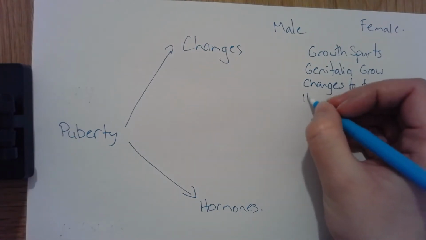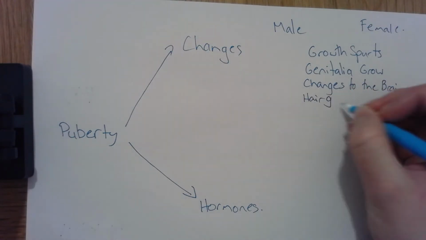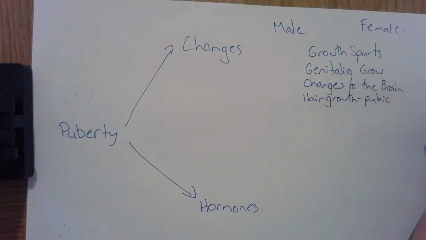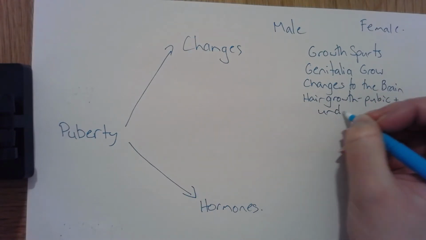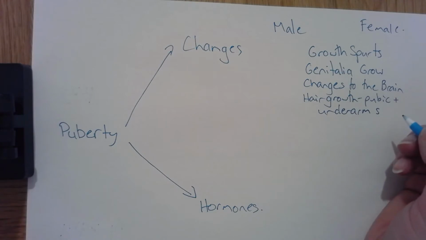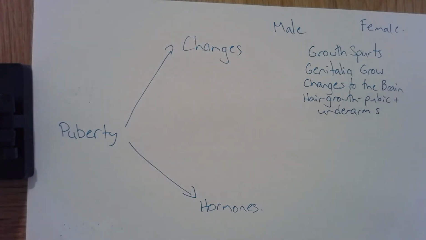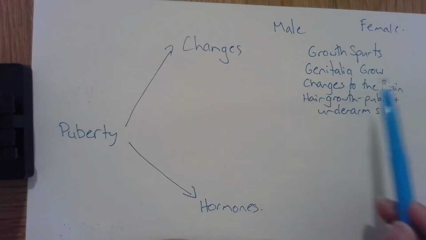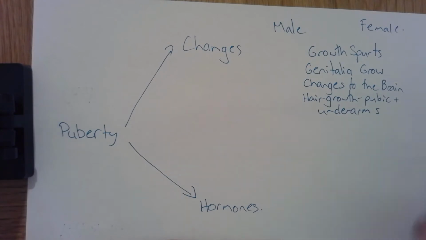In both, you get hair growth, particularly in the pubic region and underarms. And those are your changes that happen in both. And then there are ones that are specific to males and specific to females.